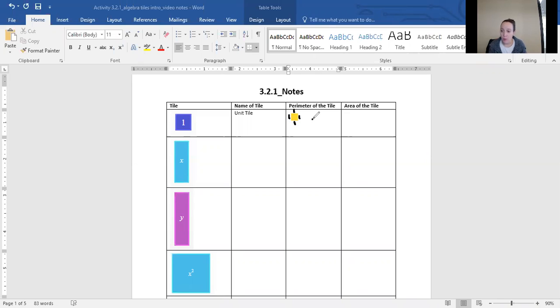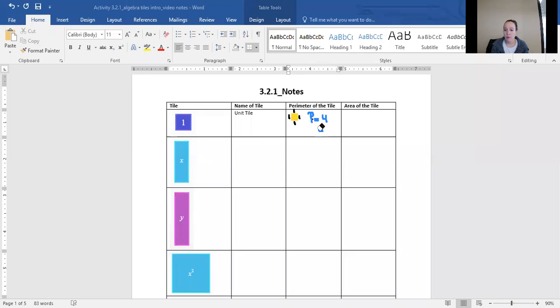It could be 1 meter, 1 mile, 1 foot. We don't know. We're just going to call it 1 unit. And so when we're looking at perimeter, we're just adding, okay? That's going to make the perimeter equal 4. And now I also want you to make sure you put your units in. So the perimeter is 4 units.